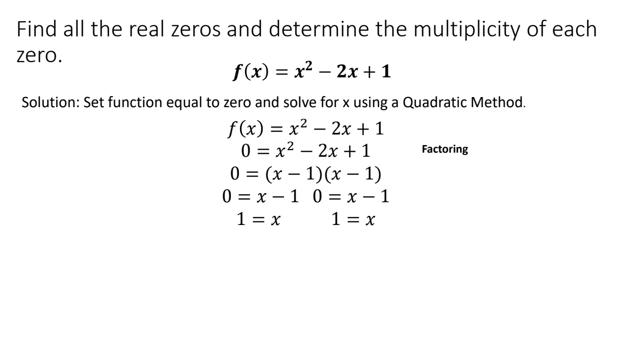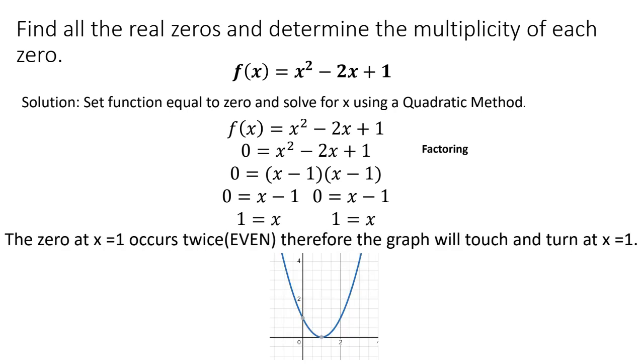But because I have two of these, my graph is touching at this point and turning around. So this zero has a multiplicity of 2. You can see clearly on the graph that this graph got shifted 1 unit to the right compared to my parent function, and my vertex is now at 1, 0.